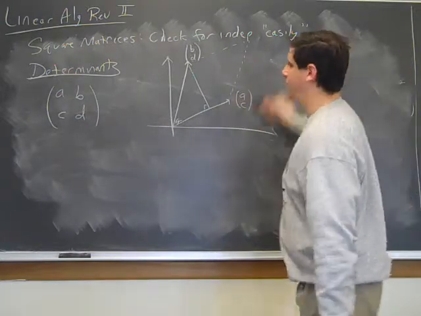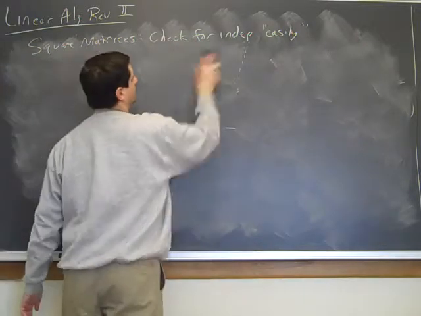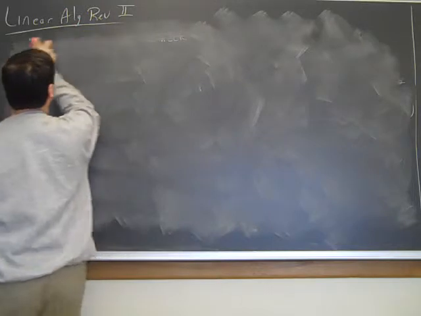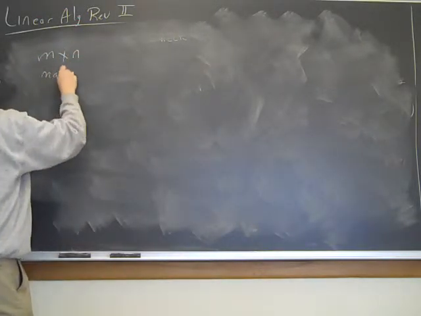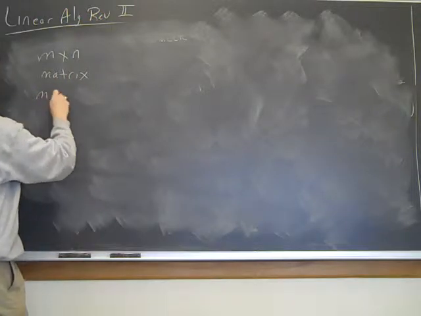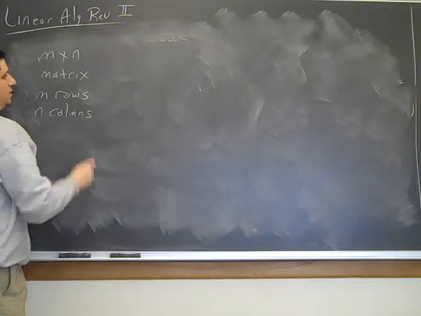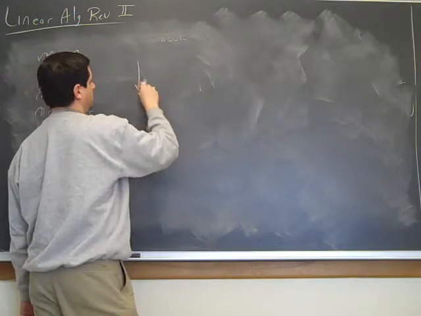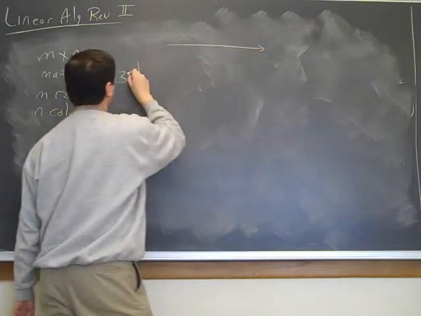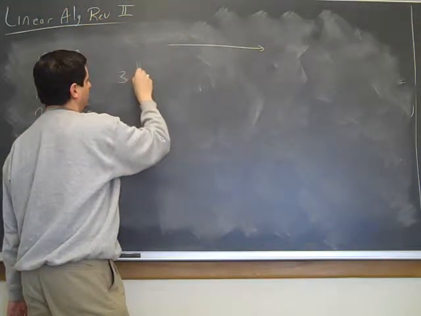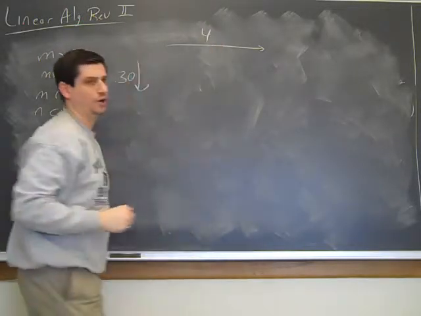So, a few more facts about matrices. So let's say I give you an M by N matrix. So we have M rows, we have N columns. So maybe for definiteness, let's say we have 30 rows and 4 columns.